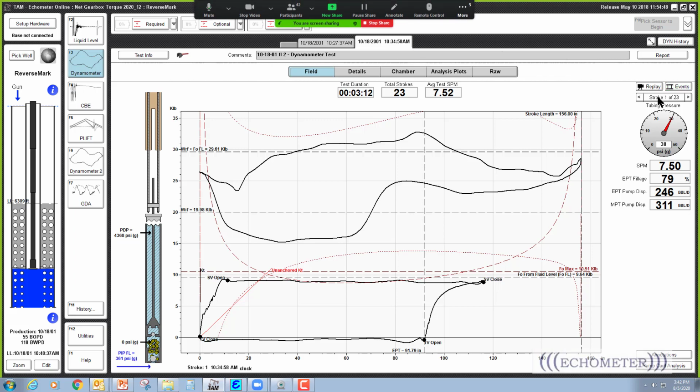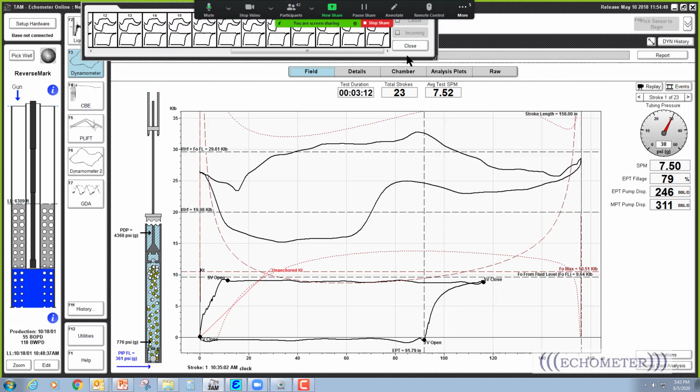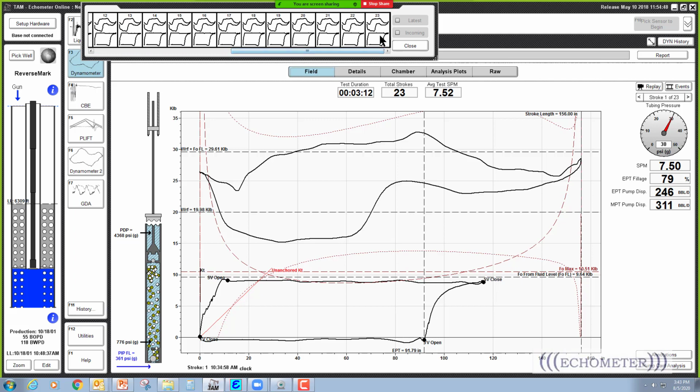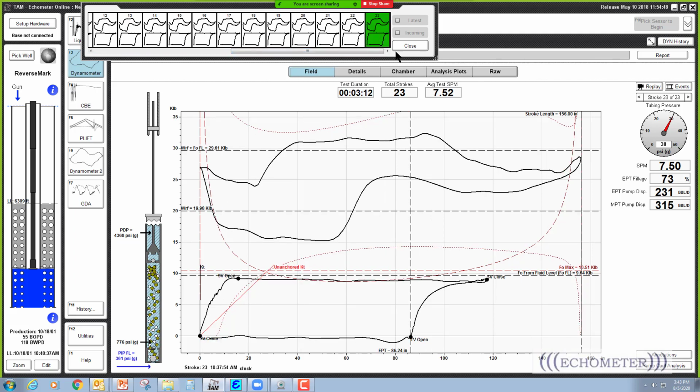And if we look at this data and look at the event viewer, the first card is not very full, and the last card is a little less full.